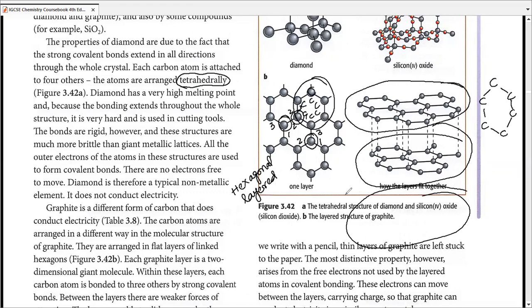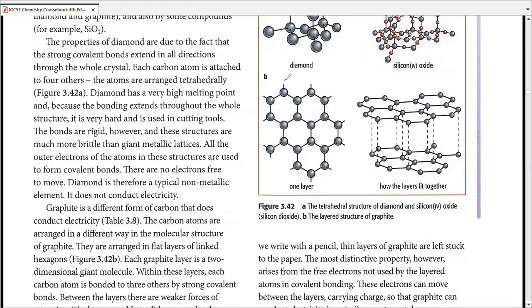But what's unlike diamond is that they are not making 4 bonds each, they're making 3 bonds each, which means every carbon, let's talk about this carbon atom, it would have one dot and cross over here, one dot and cross over here, one dot and cross over here, but it would have one electron, one dot remaining. And that one dot actually exists over here and they attract the structure over here. So we have weak interaction forces or weaker forces of attraction over here in between the layers. And in these weaker forces of attraction, we have many electrons free to move. And that's the 4th electron that is free to move in this case.